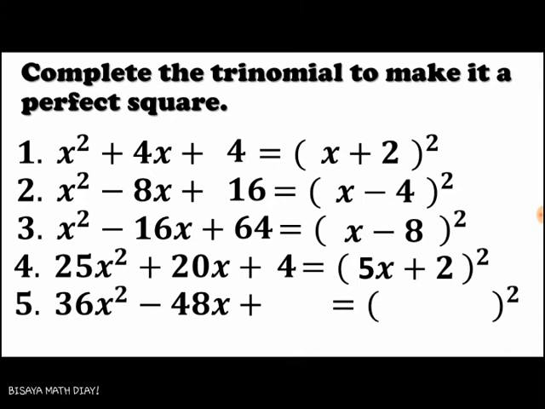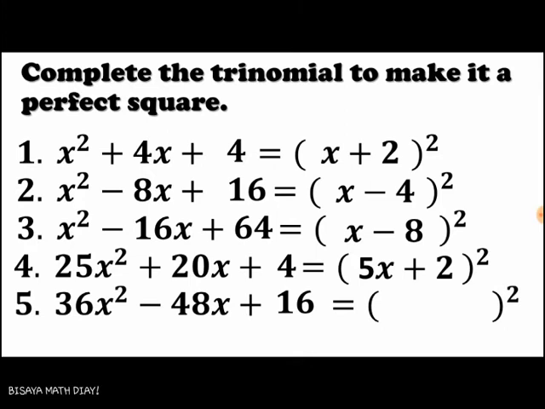Lastly, we have 36x squared minus 4x plus a number. Okay, what is that number? Applying the process, answer is 16. How did we arrive at 16? That's 48 divided by 2. That is 24. Then 24 divided by the square root of the coefficient of x squared, which is 36.